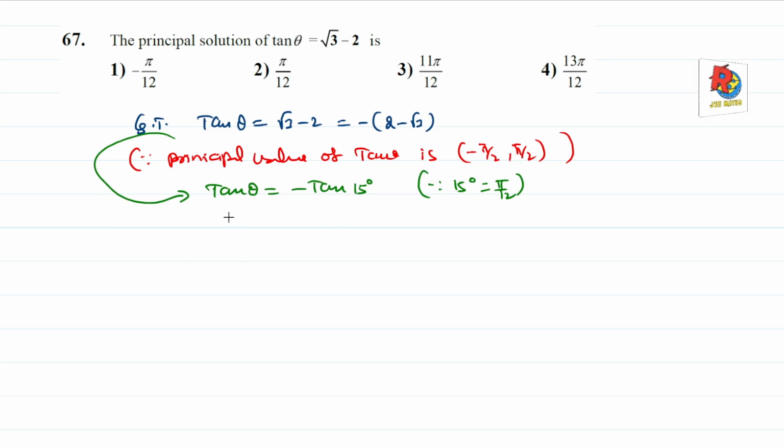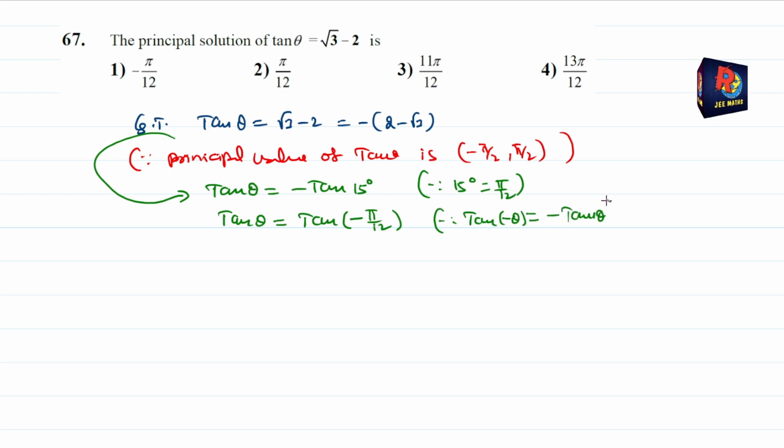So that's why we can write tan theta value equals tan of minus 5 by 12, since tan of minus theta is equal to minus tan theta. So the principal solution of this given information is theta equals minus 5 by 12. So option 1 is the correct answer.